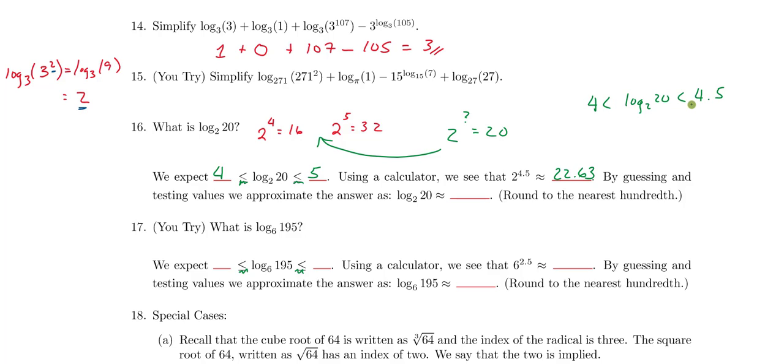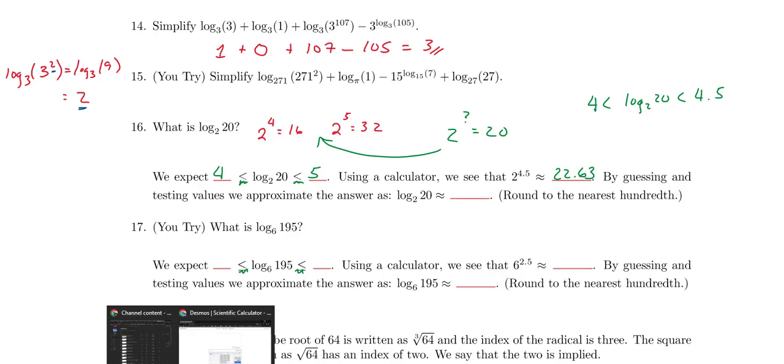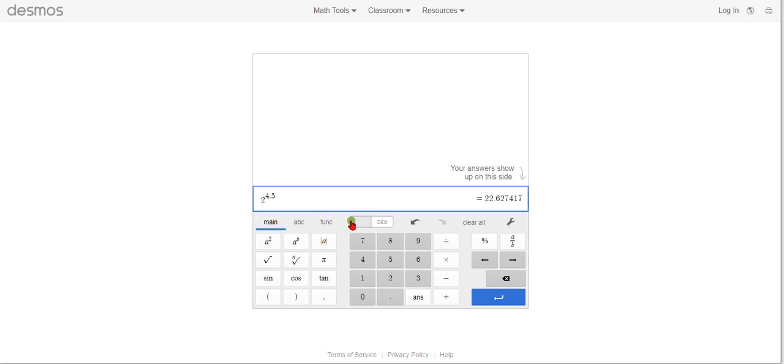So what I'd like you to do is, with a calculator, plug in exponents to try to guess the answer, and you'll get closer and closer. As a reminder, 2 to the 4th was 16, that was too small. 2 to the 4.5 was 22, so that's already bigger than 20, so our answer is somewhere between them.